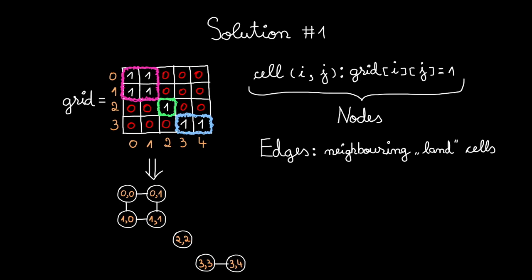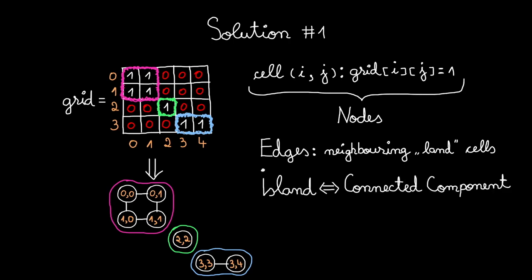The islands of the grid are represented by sets of nodes in this graph. Do you see any connection between an island and its corresponding set of nodes? Each island of the grid corresponds to a connected component of this graph.